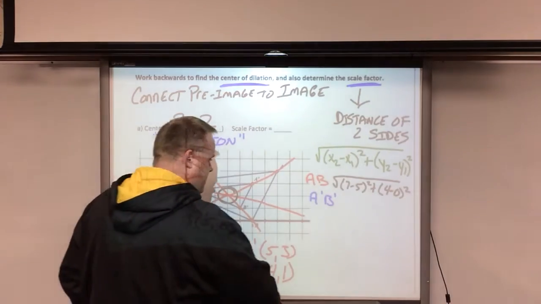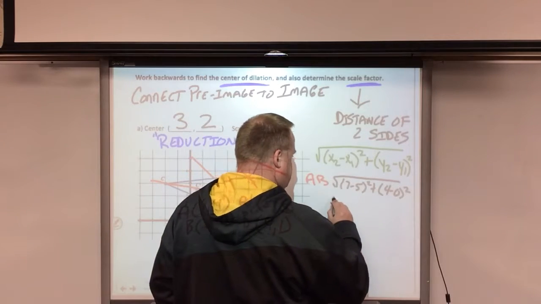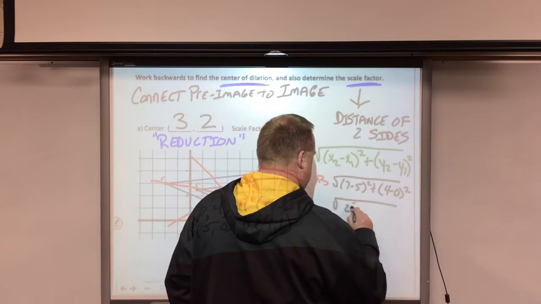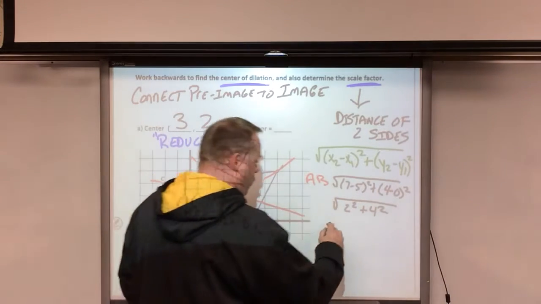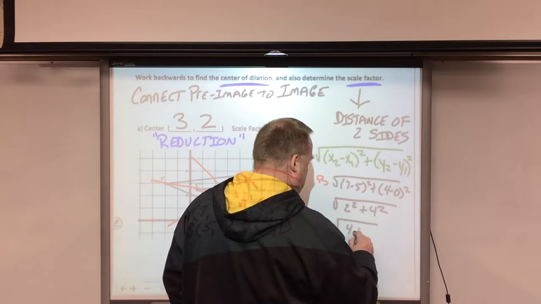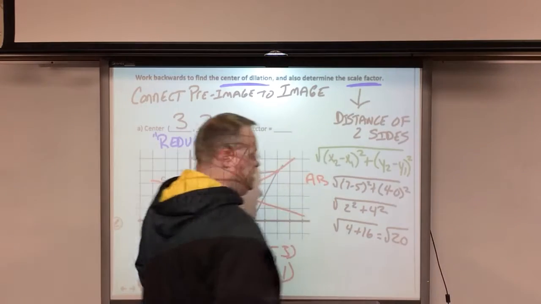Well, create myself some room here. That becomes 2 squared plus 4 squared. Well, 2 squared is 4, plus 16. So that becomes the square root of 20.